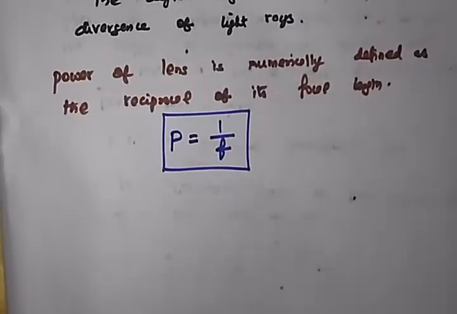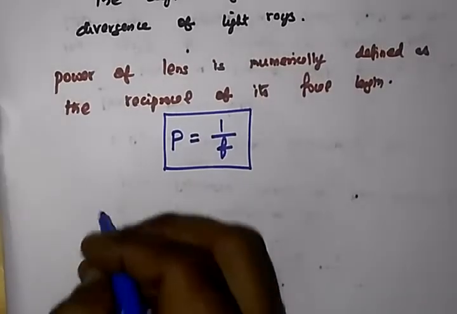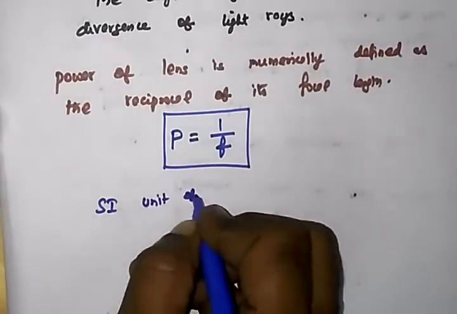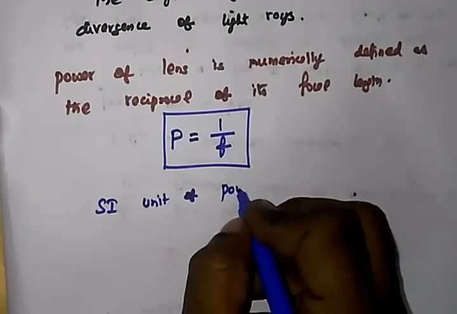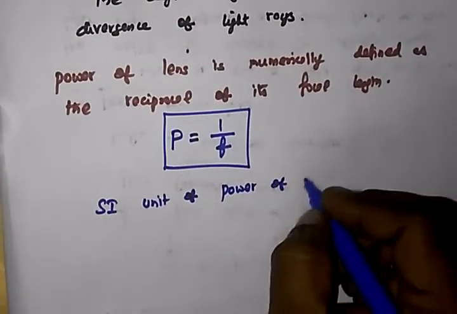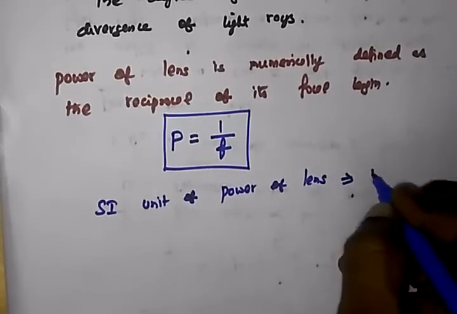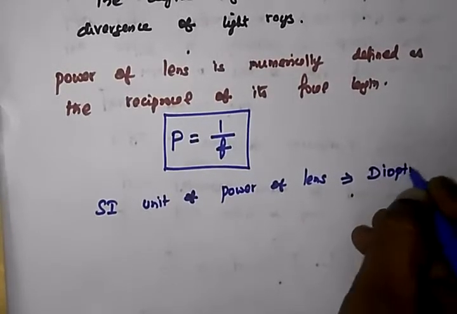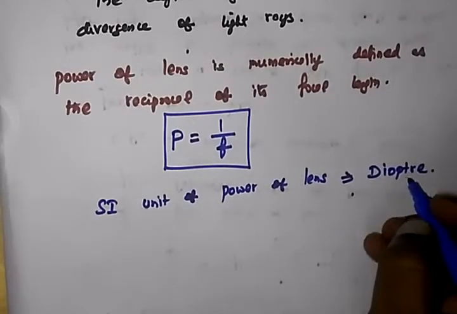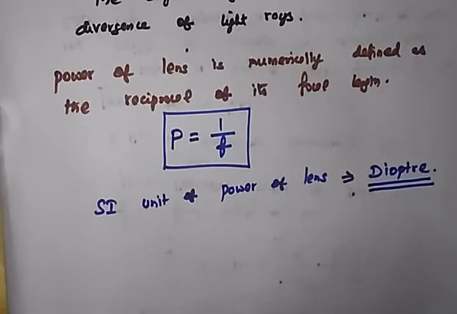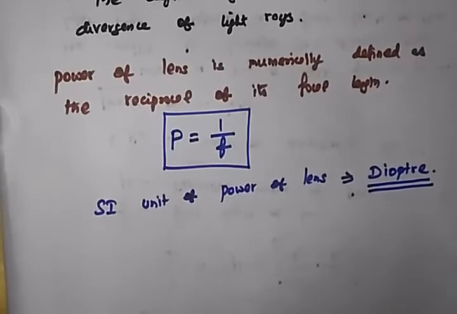The SI unit of power of lens is the diopter.